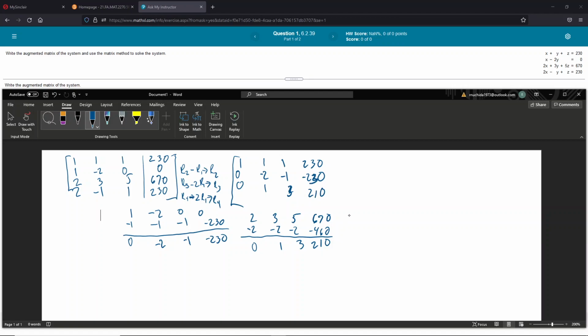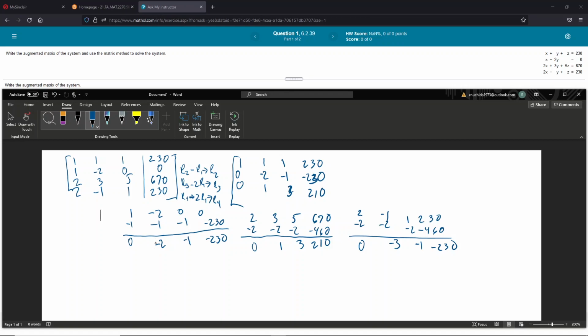That'll be our new row 3. Now for row 4, which was 2, negative 1, 1, 230, we add to it negative 2 times row 1, again negative 2, negative 2, negative 2, negative 460. When we add those together, we get 0, negative 3, negative 1, negative 230.